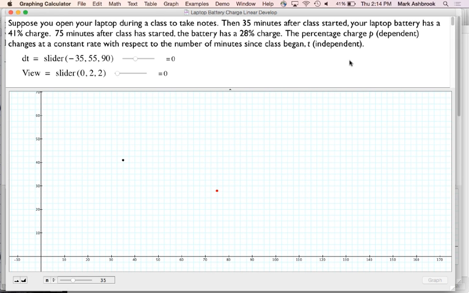Okay, so here are those. So what does this point mean? What is the meaning of this point right here? Tell the person next to you what the meaning of that point is. That point represents something. What does it represent? Tell the person next to you. Go.